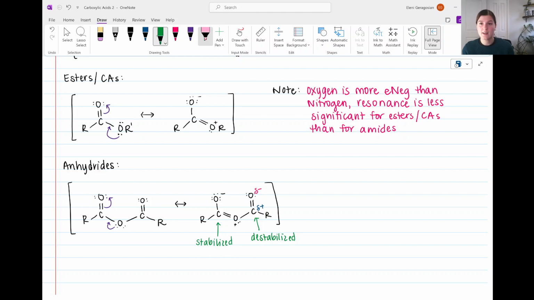There's even less electron density around that carbonyl carbon. So that makes that carbonyl carbon more electrophilic.